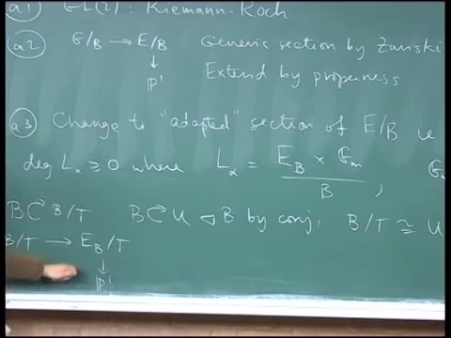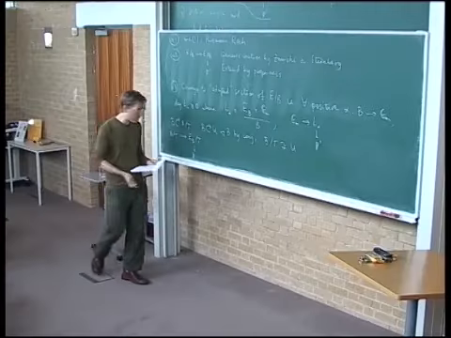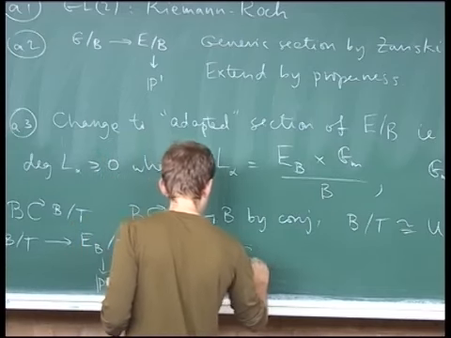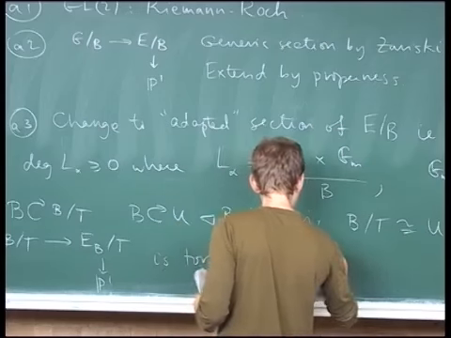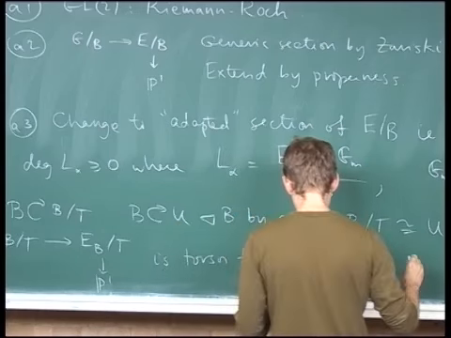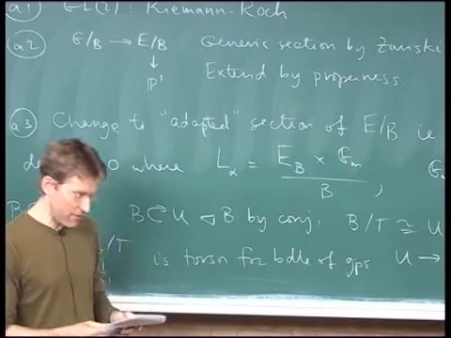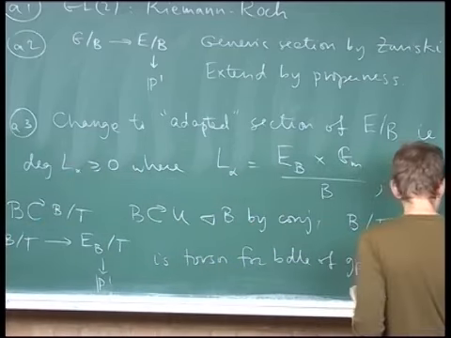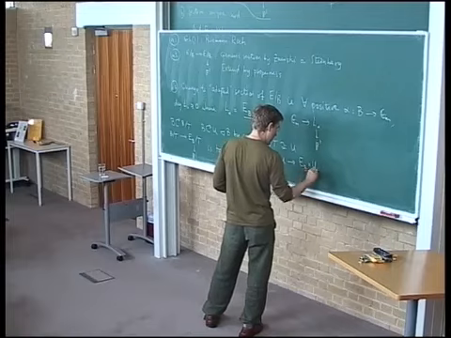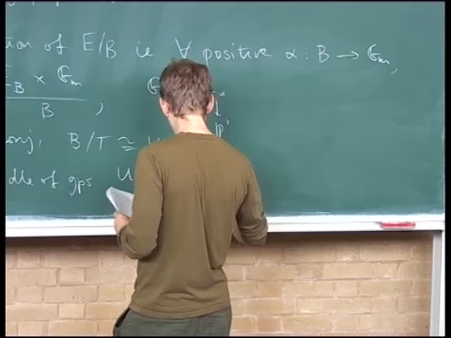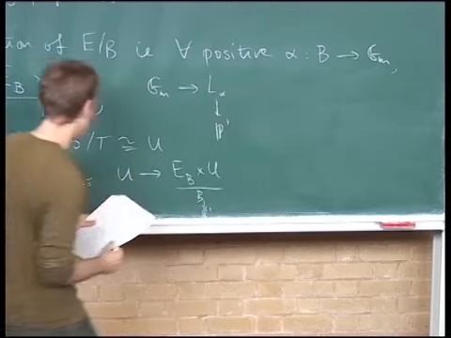the bundle EB mod T, of which I'm trying to find a section, is a torsor for a bundle of groups, and not a principal bundle, but a bundle whose fibers have a group structure, the bundle associated to EB via the conjugation action on U. So this is a U bundle over P1, but not a principal U bundle.